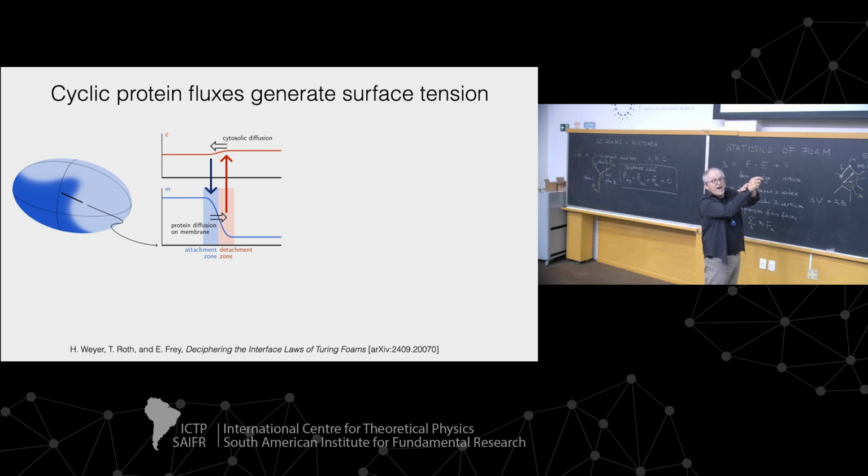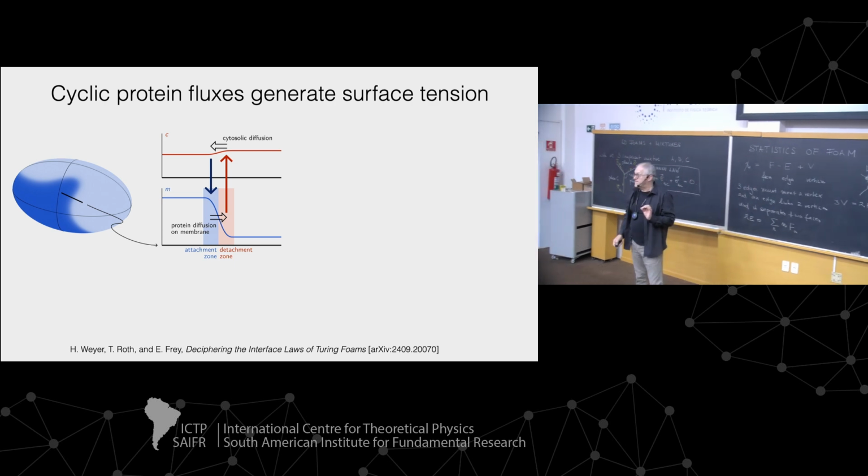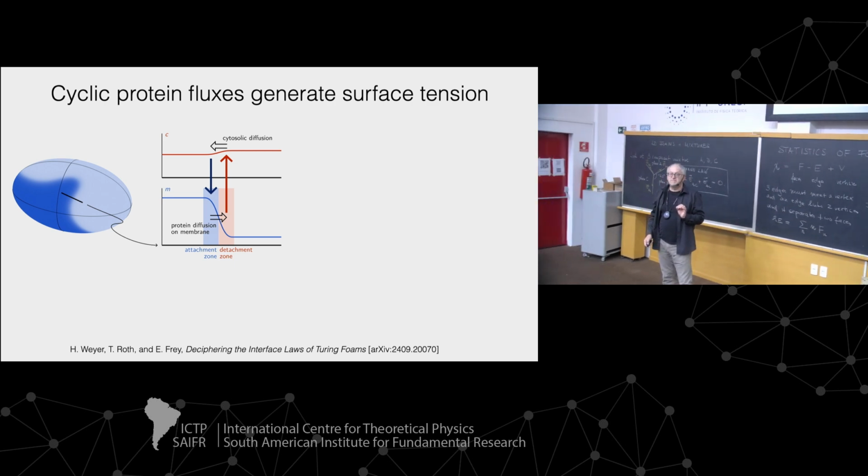They're traveling back, again because of diffusive fluxes, to this side, and they're taken up by attachment from the cytosol to the membrane, and thereby you have the cyclic current that's at the interface and defines the interface. So far, so good? All right.